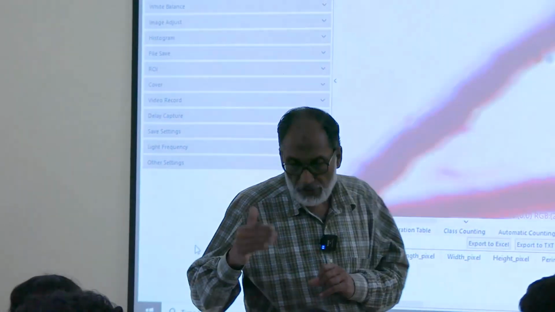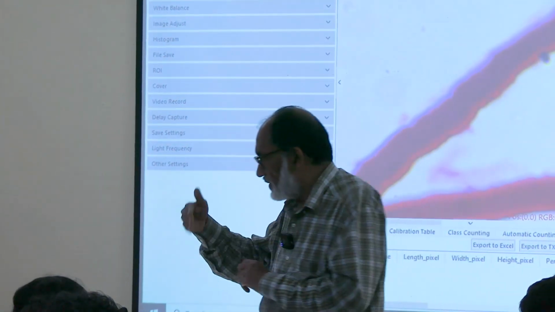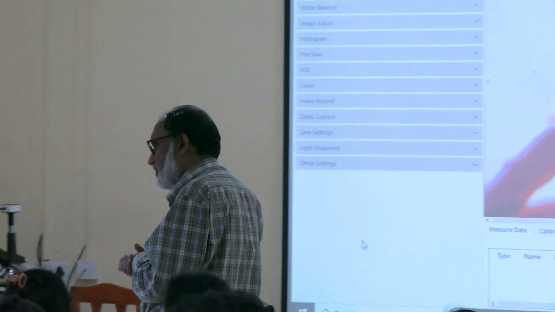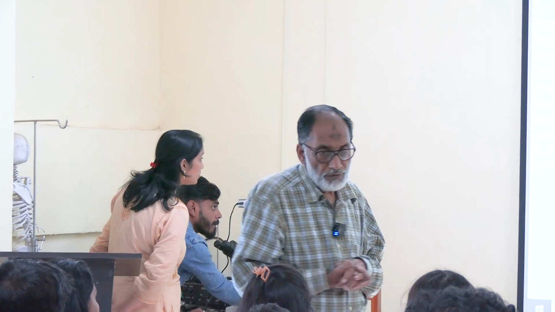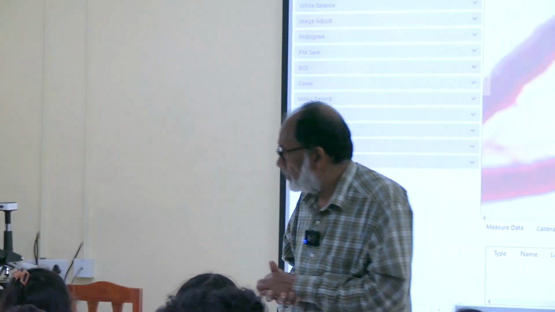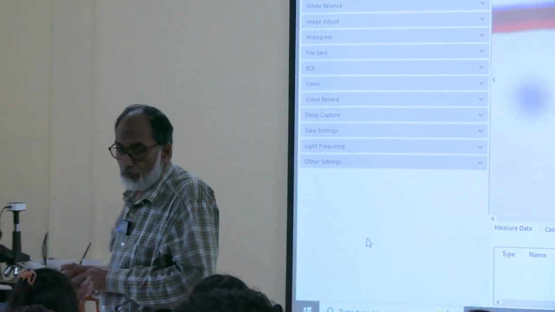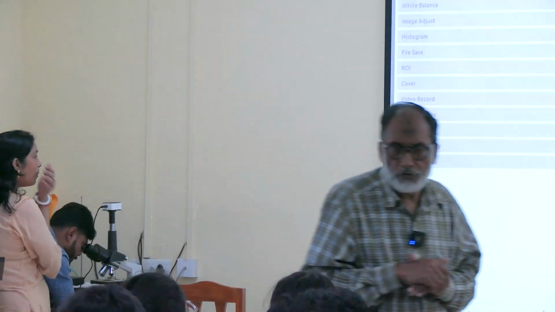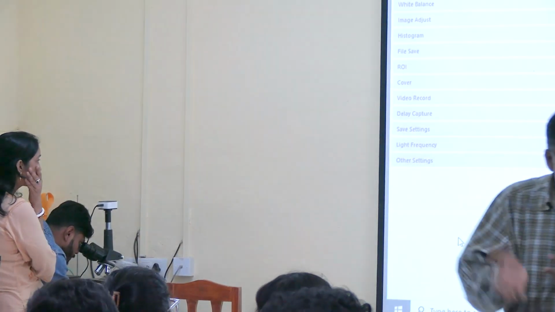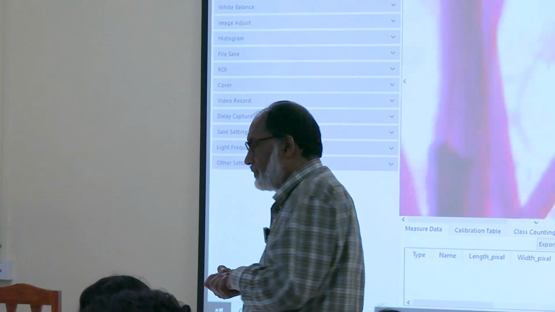Now the sites. What are the sites where you can get this type of cartilage, hyaline cartilage? Synovial joint. Synovial joint is a broad thing, but specifically you have to mention articular cartilage. Articular cartilage.